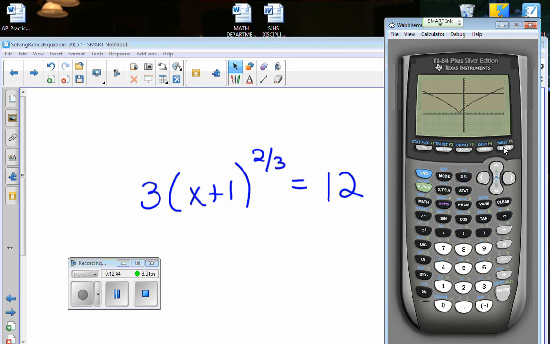It does cross in 2 places, just like the one before it, and we want to find the 2 answers. If we calculate the intersection, we move the cursor closer to where we think the intersection is, and press enter 3 times. So 7 should have been one of the answers. The other answer, okay, that's fine.